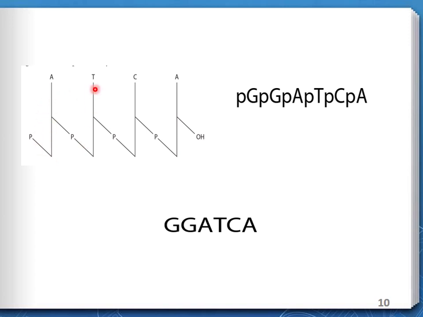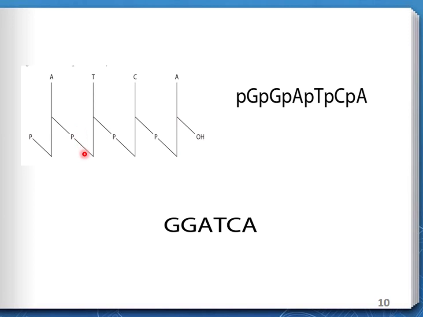Line, adenine, line representing the sugar, and phosphate group, then the next nitrogen base, then sugar, phosphate group. They conjugate between one nucleotide and another through the phosphate group.